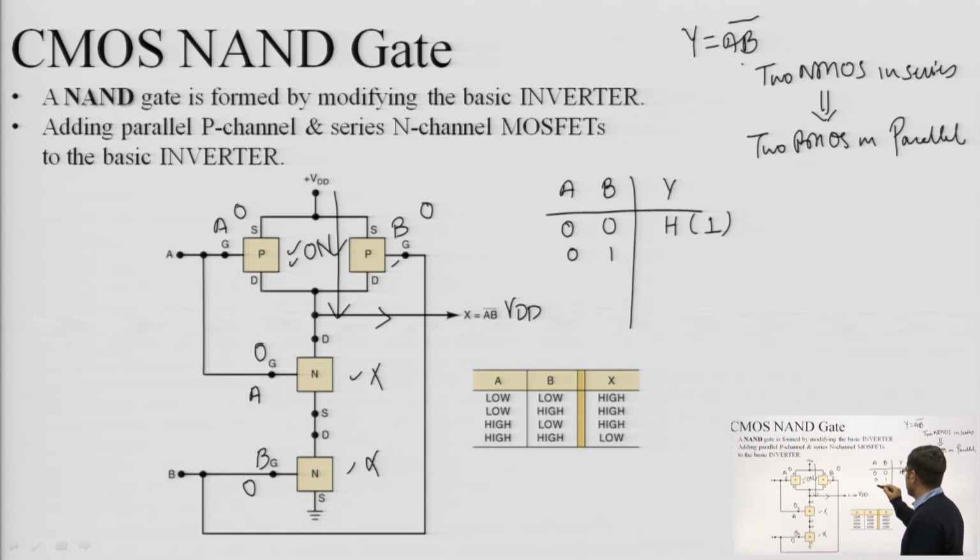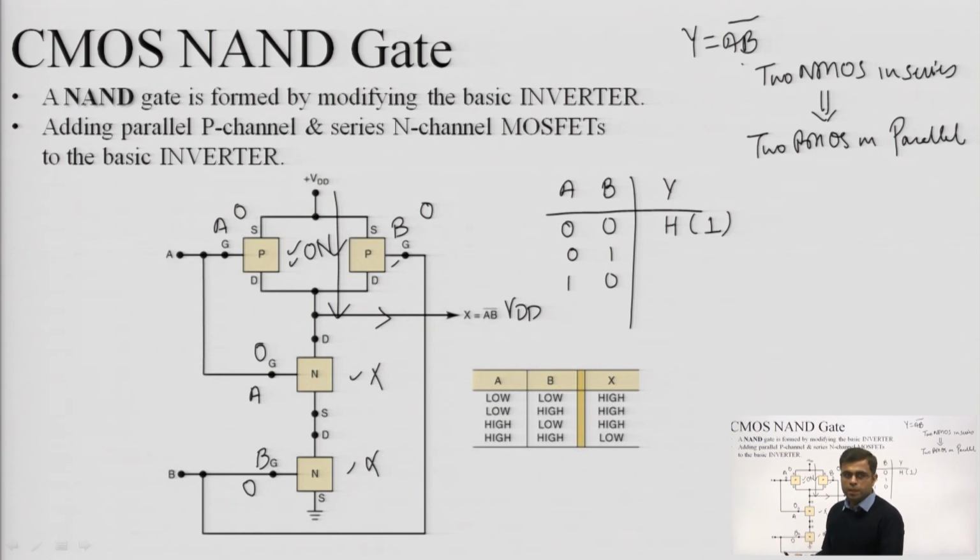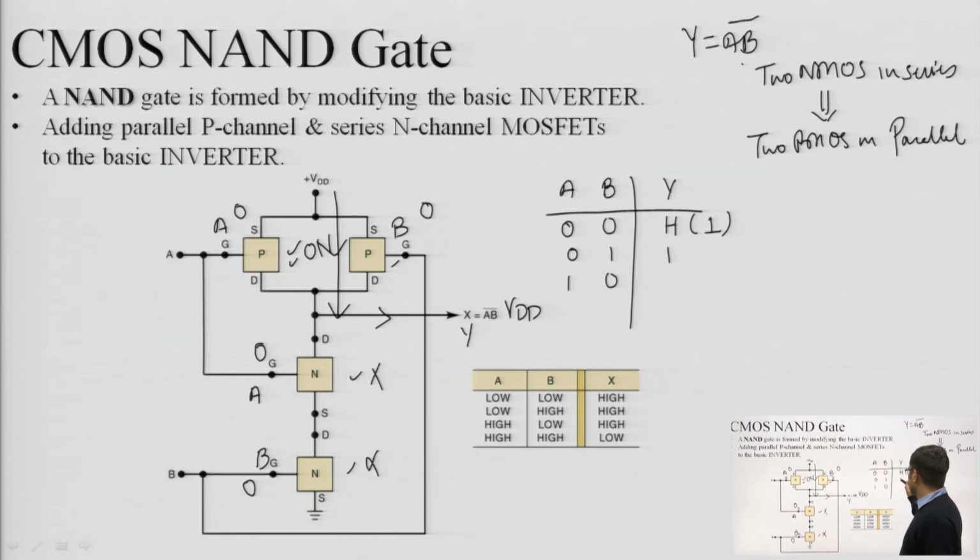Similarly for 0 1 and 1 0 as well, if any of the inputs is low, then one of these P transistors will be on. So if any of these P transistors is on, then there will be a VDD path for the output. So in those cases also the output will be high.